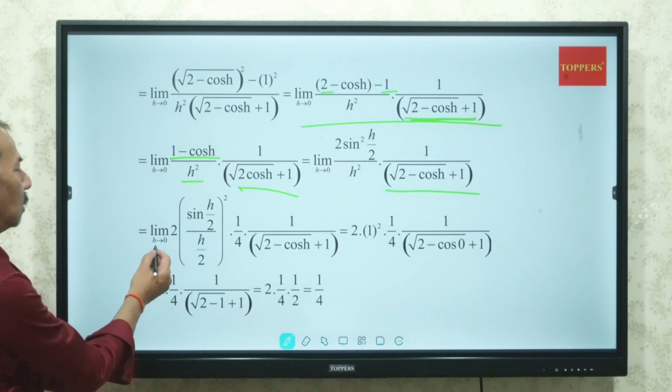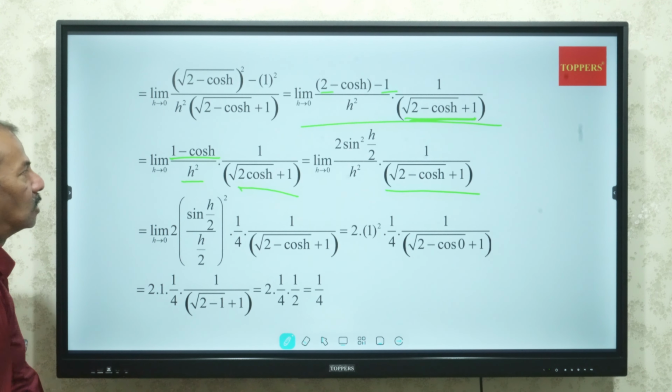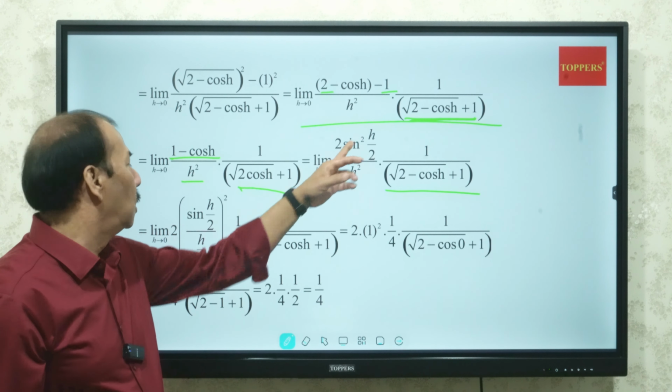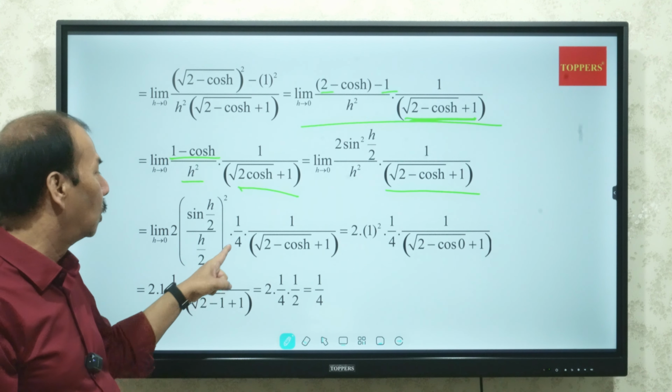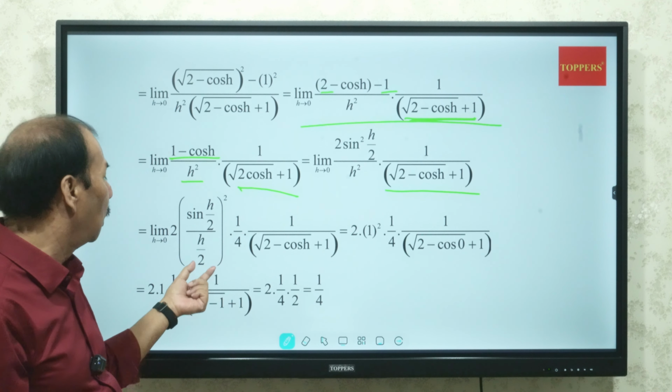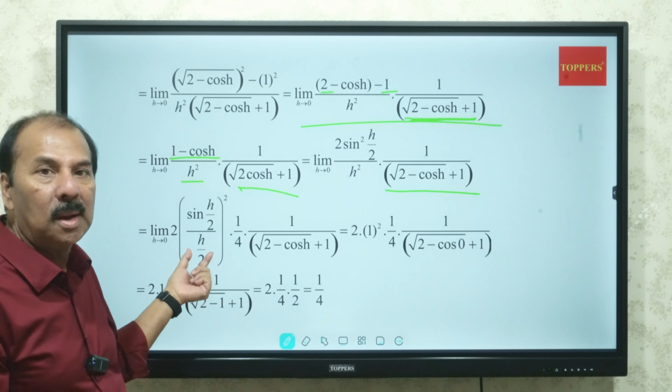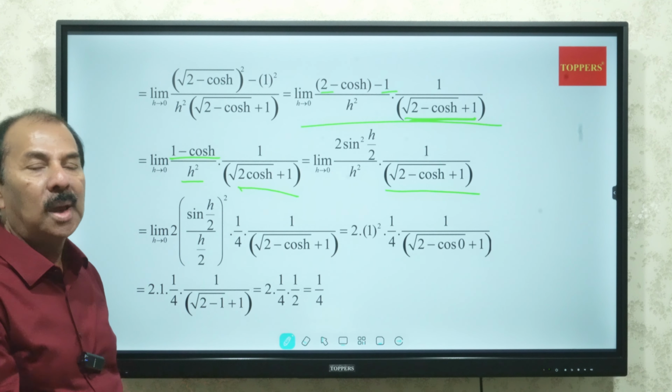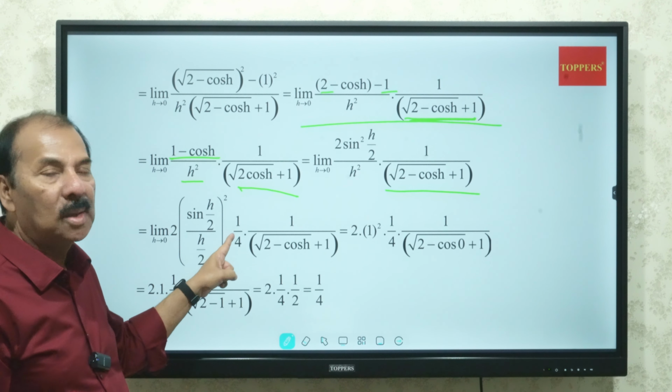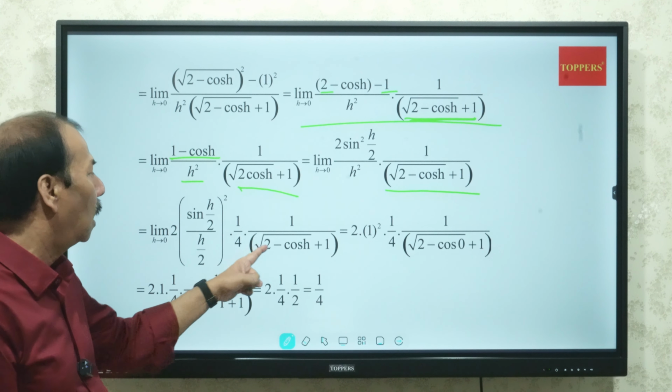So it is the limiting value of this function when h tends to 0, sine h by 2 whole square. Here again you will require h by 2. In doing so, we are introducing 1 by 4, so we have to multiply the numerator also by 1 by 4.